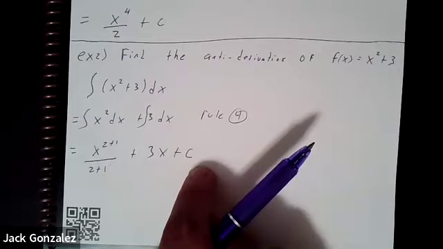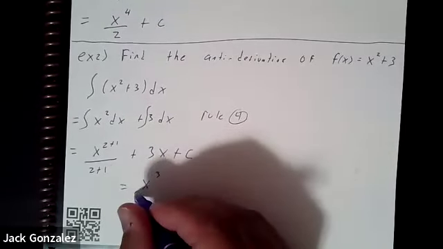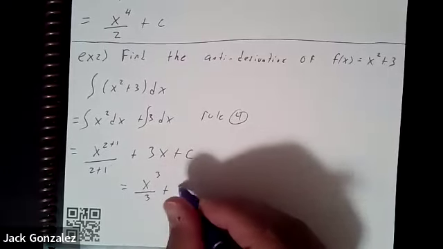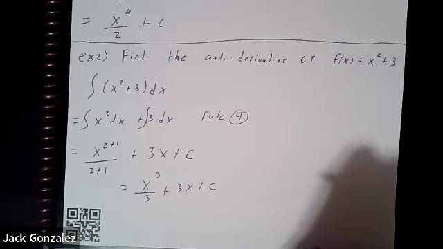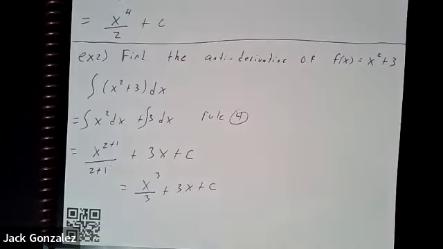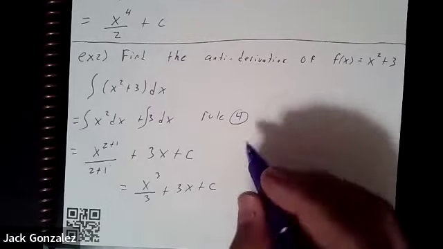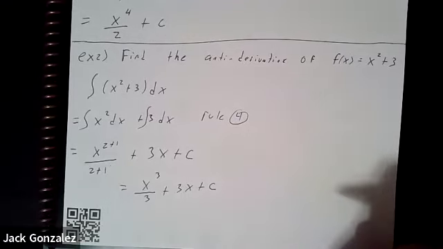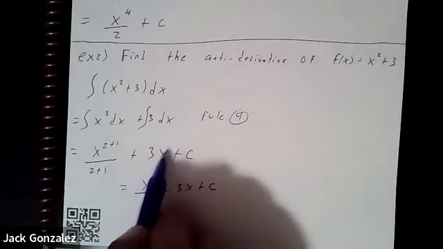Who cares? If you want to get technical, we can get into it if you like, but this is how I want you to think about it. So power rule and then just the constant rule.